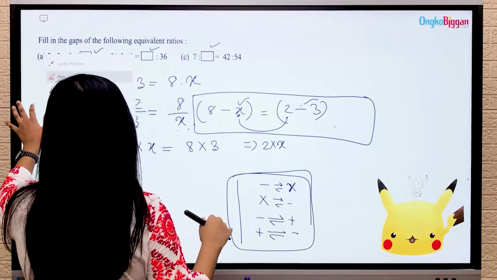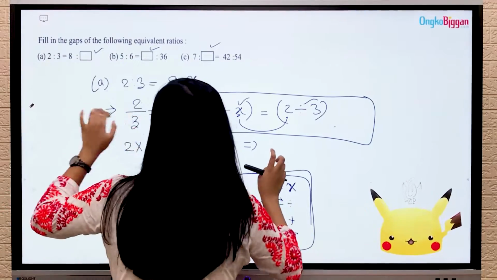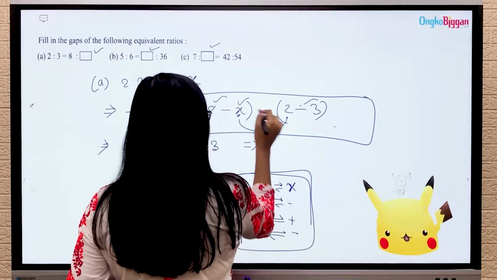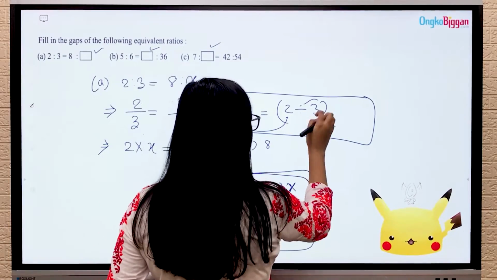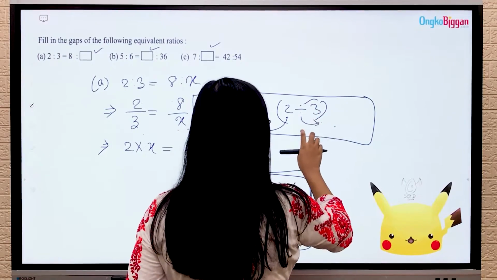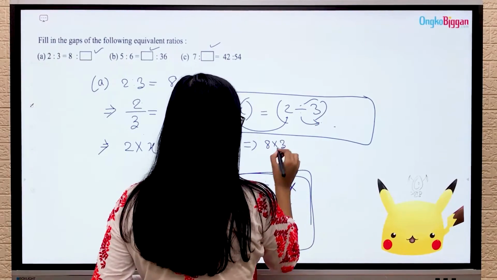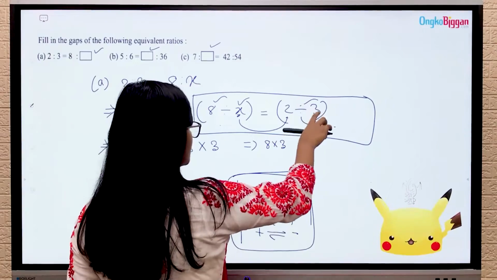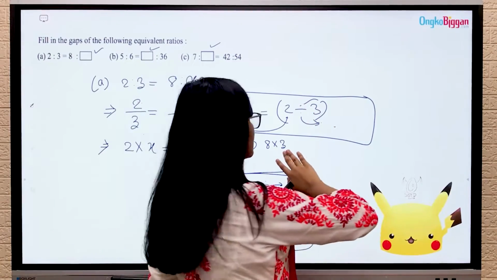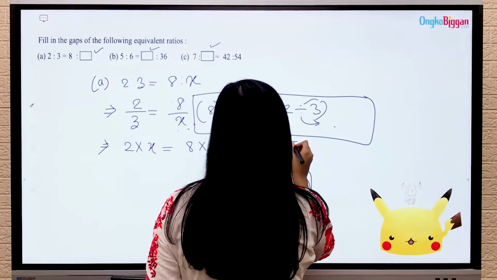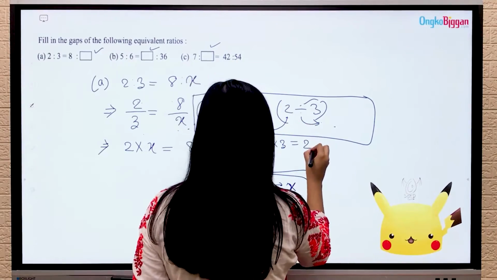Okay, let's make it a bit clearer so that it will not be confusing. So 8, we will keep 8 as it is. 3 is here in the form of division. So if we put it here, it will be multiplication, because there is division. If we exchange the side, multiplication will be division, division will be multiplication, and 2 will be as it is.